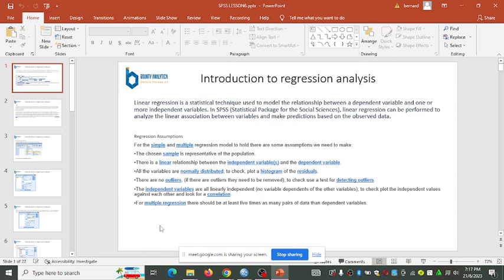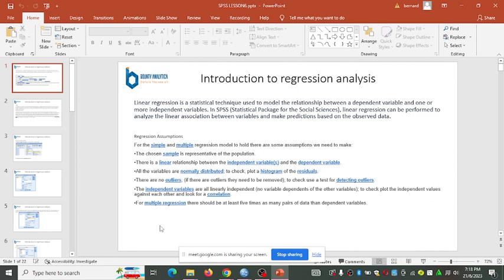Another thing is that the independent variables are all linearly independent, so no variable depends on the other variable. So we check for independence. To check for independence, we plot the independent variables against each other and look at whether they are correlated.